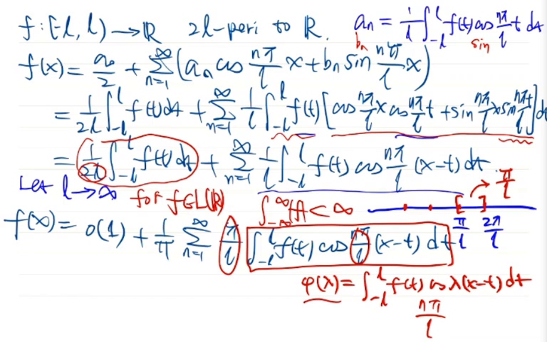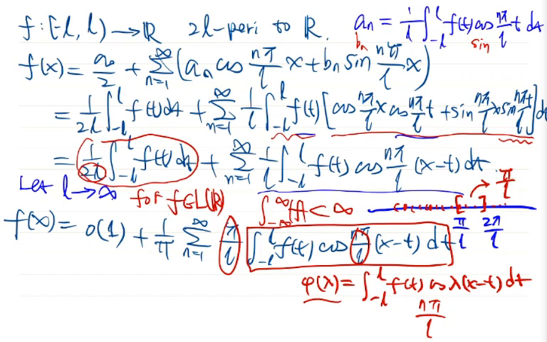Therefore, when L goes to infinity, the partition becomes finer and finer, and eventually the sum becomes an integral. Intuitively, this is not legal mathematical reasoning, but it is very inspiring, so that we can guess or discover a new result.